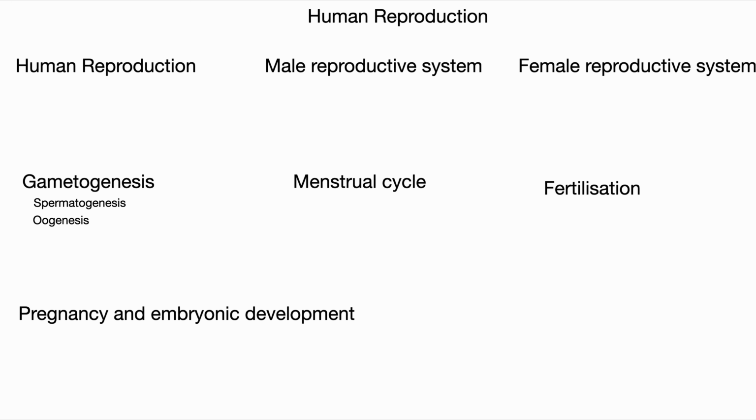The trophoblastic cells produce finger-like projections. These finger-like projections are called chorionic villi. They project into the uterine tissue, that's why they are surrounded by uterine tissue.